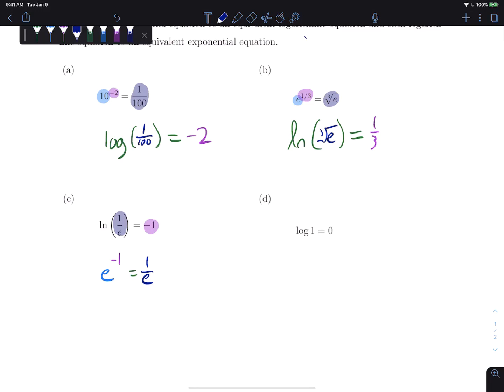Good. And now for letter D, we have log of 1 equals 0. Notice that no matter what, as long as the argument's 1, it's always equal to 0. In this case, the base is understood to be 10, so 10 to the 0th power is equal to the argument 1.